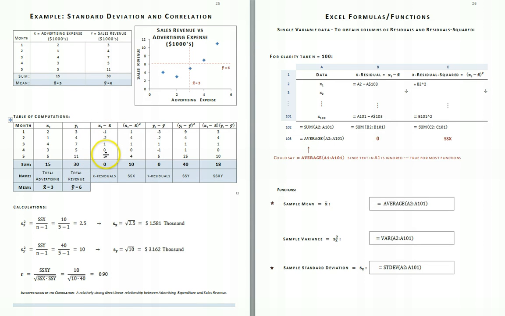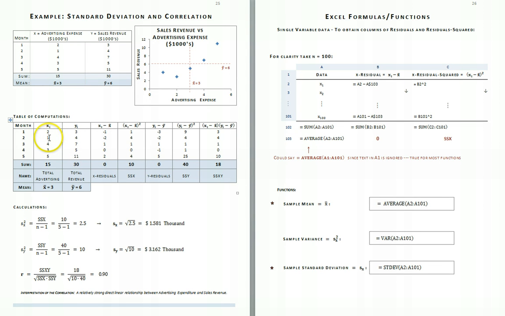Here's the X residual column, or the advertising expense residual column. The first month's worth of advertising expenditure was $2,000. The average monthly advertising expenditure was $3,000. So 2 minus 3 is minus $1,000 in advertising expenditure. For the first month, our advertising expenditure of $2,000 was $1,000 below the average expenditure.